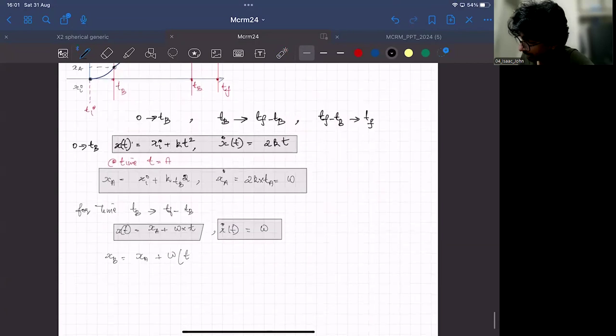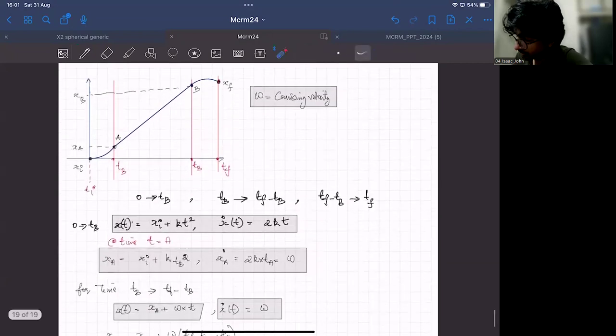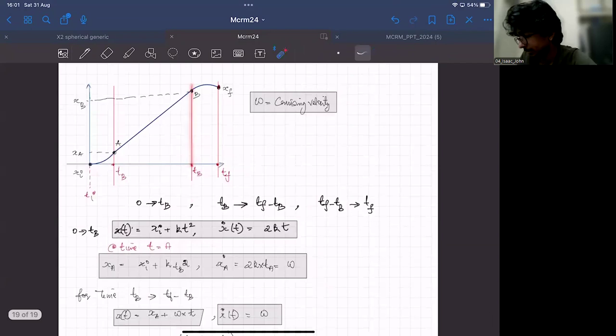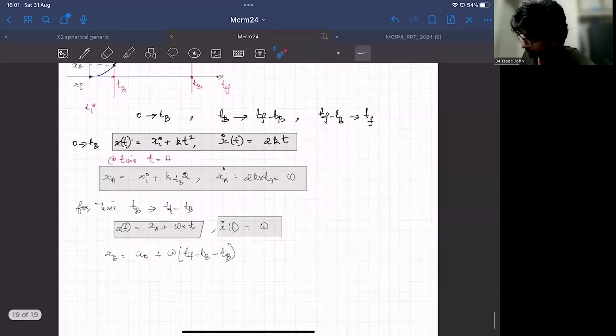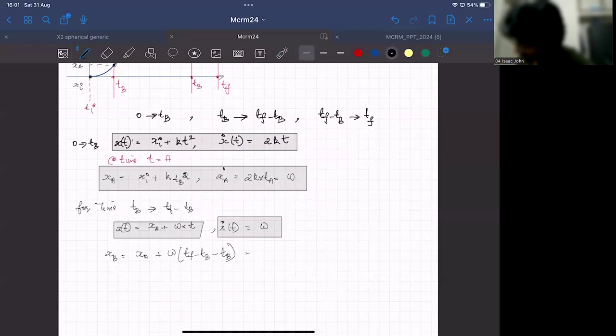Final time would be TF minus TB, and initial time would be TB, because this point is TF minus TB and this point is TB. So simplifying this, you will get XA plus omega multiplied by TF minus 2TB. This is your XB.